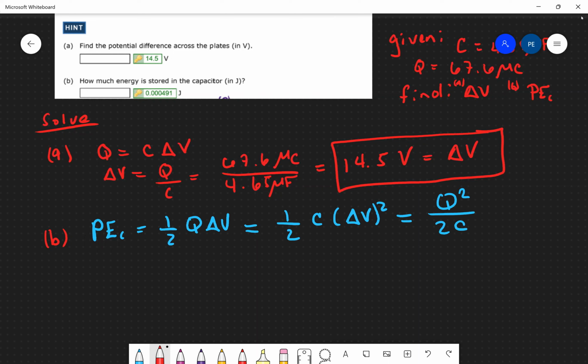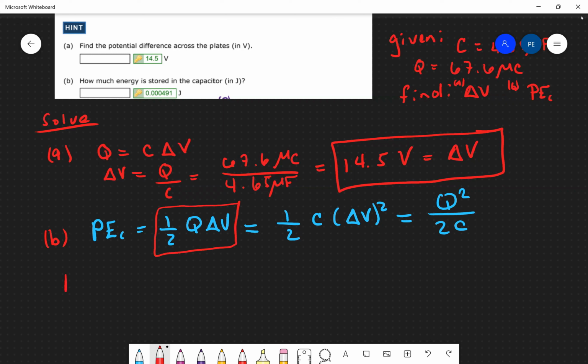So I know I have a few things. Here I have the potential difference, and I also have the charge. We know that the charge was equal to 67.6 microcoulombs. I'm going to use this first equation, so this is the one that I want to use.